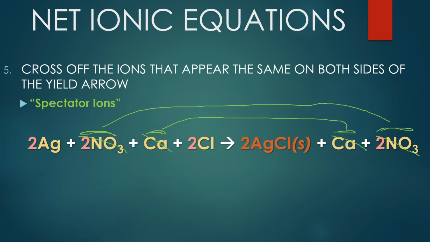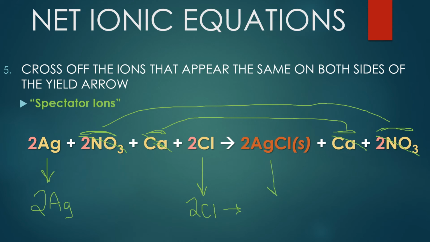Now what we have left, we just bring down. So we have 2Ag. This one's crossed off. This one's crossed off. So let's bring the 2Cl down. 2Cl. And let's put the yield arrow in. And then let's just bring the solid down.